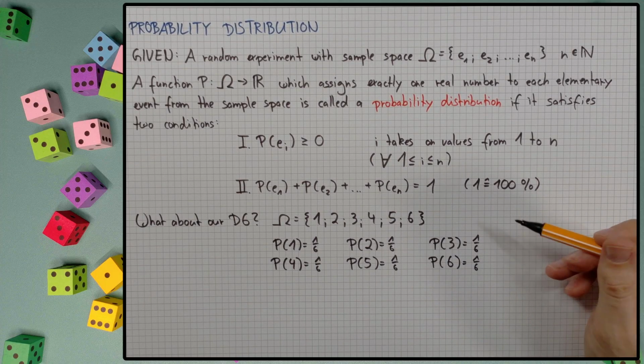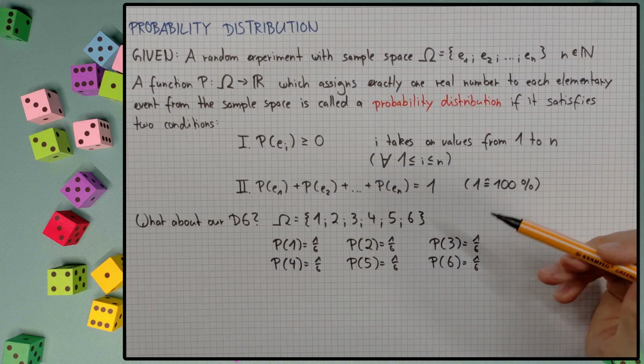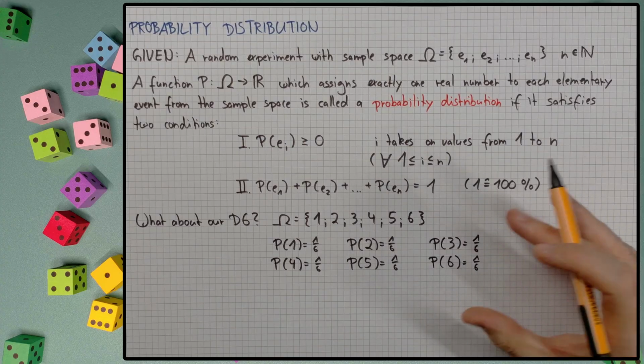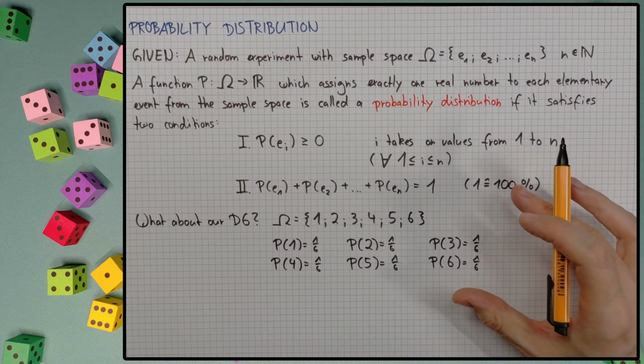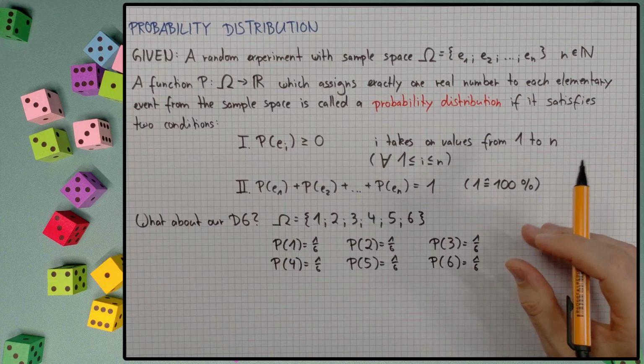This obviously satisfies, checks condition number 1. All probabilities are 0 or higher. And we have of course deviated quite a bit from the results that we got earlier.